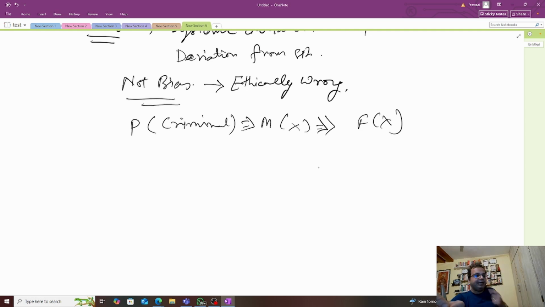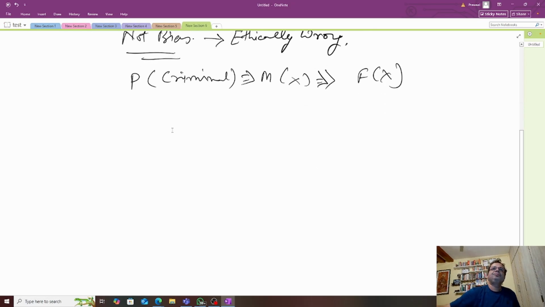Which mathematically is biased, because you are saying that guys are more criminal in nature than women. But that's how the genetics and the behavior of men and women are there. Men tend to have a more violent streak, etc. So not all biases might be ethically wrong, and we'll talk about it.